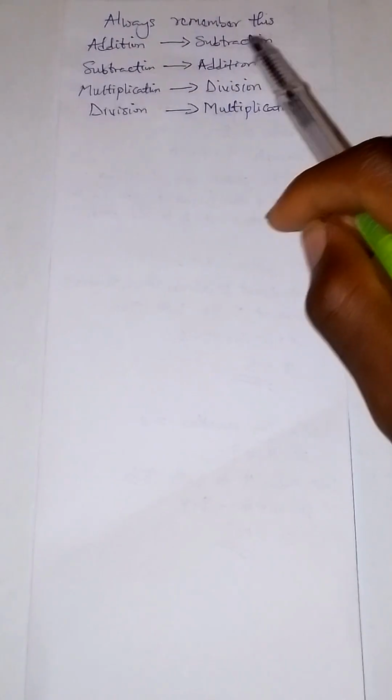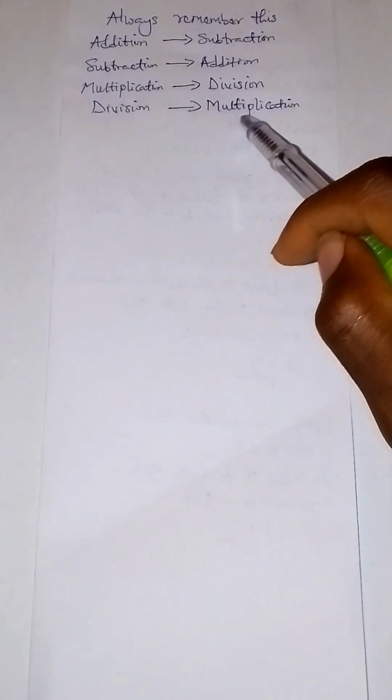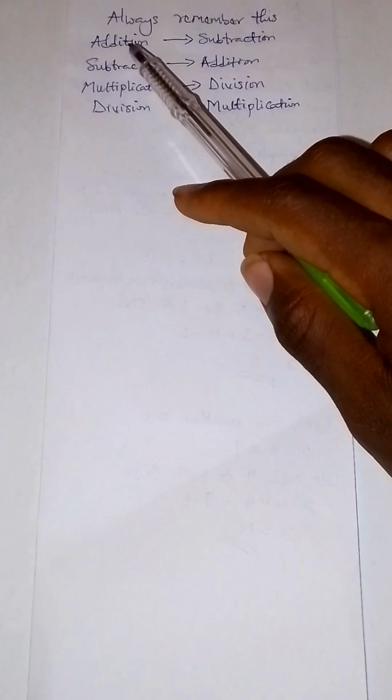Please always remember this. Where there's addition, we use the opposite operation: subtraction. Where there's subtraction, we choose addition. Where there's multiplication, you choose division. And where there's division, you introduce multiplication. I repeat again: where there's addition, you introduce subtraction.